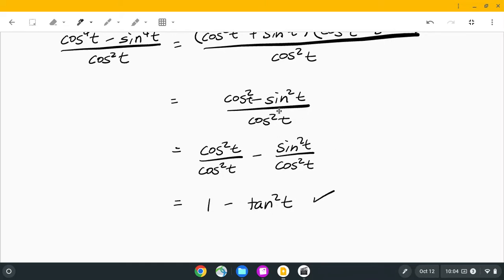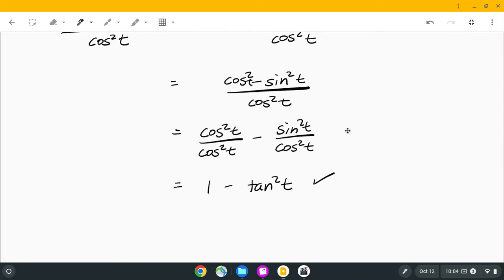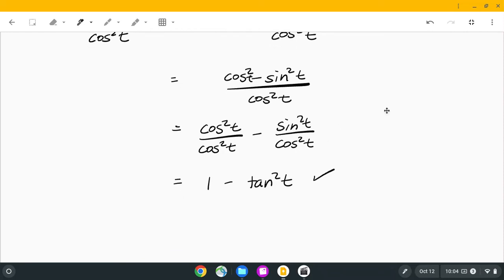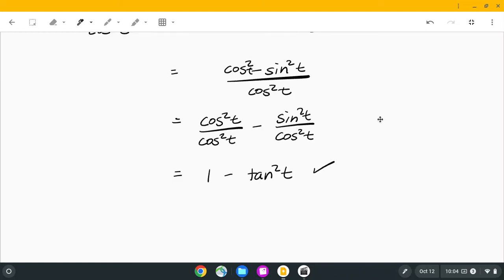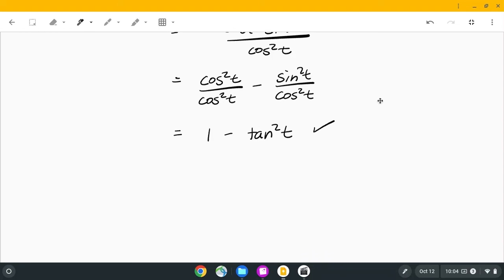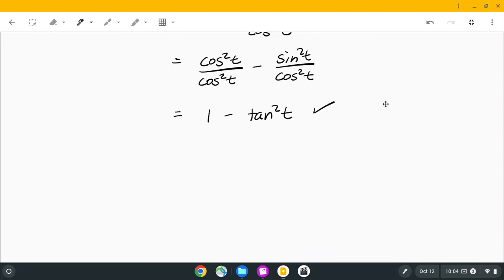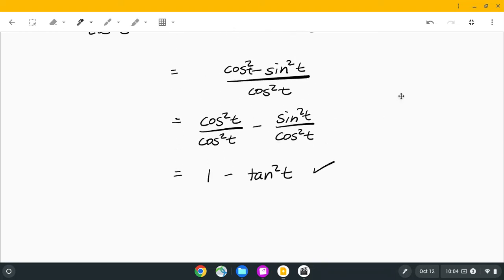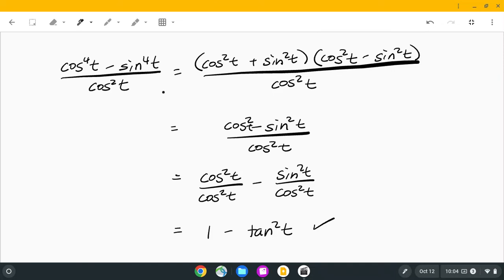Like the first time when I did this, because I'm looking at how I did this problem earlier, I didn't do it like this. I made it way more complicated than this. Like I said, sometimes you see it and it's obvious, and sometimes you just don't. Like this one, 1, 2, 3, 4 steps.